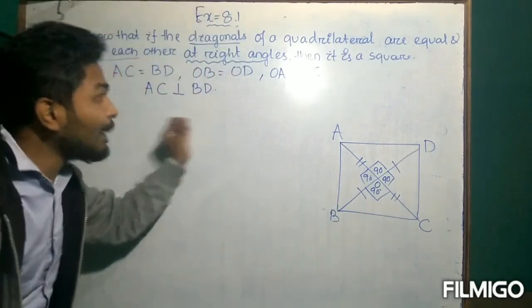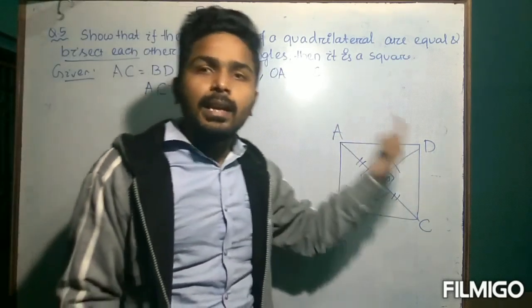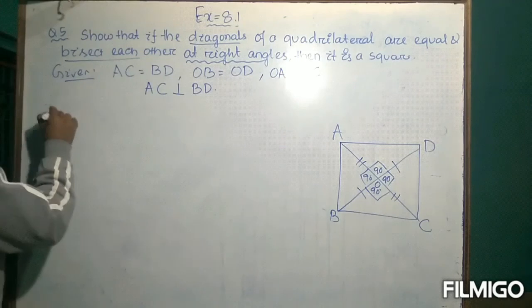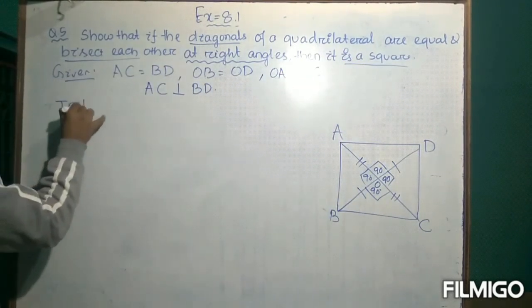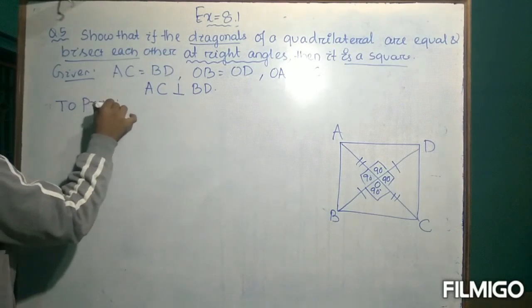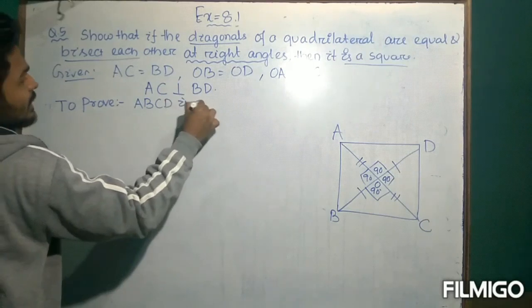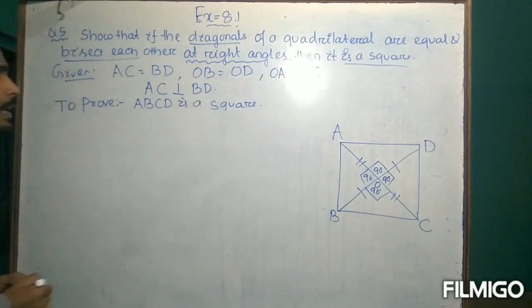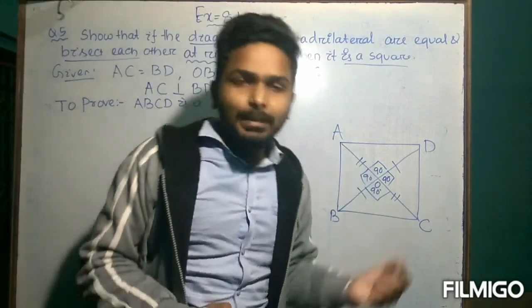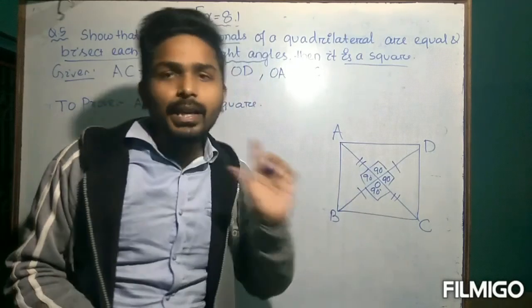So if it happens, then we have to prove that this quadrilateral is a square. What we have to prove? To prove ABCD is a square. It means we have to show that each side are equal.